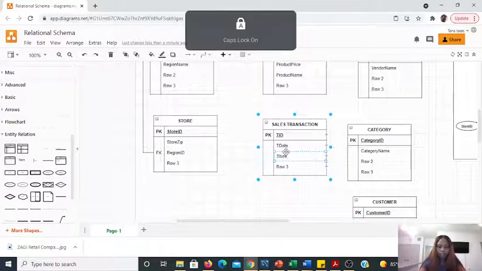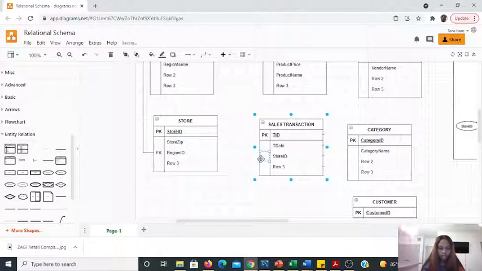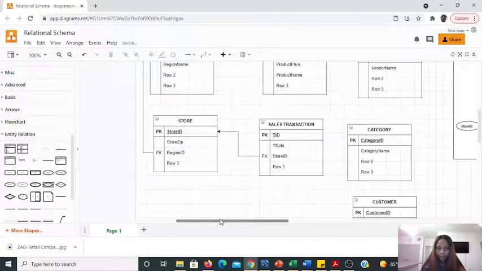Store ID. So we have the foreign key. Don't let me forget this. And we can go ahead and reference store ID to the primary key.